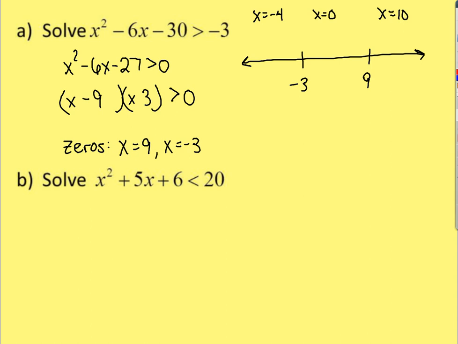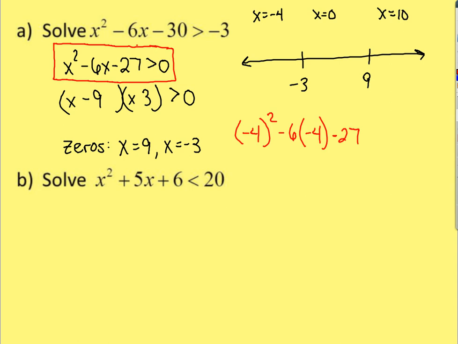So what we're going to do is go back up to our function, and input the x values to see what the corresponding y value is. So if we plug in negative 4 first, negative 4 squared is going to give us a positive 16.